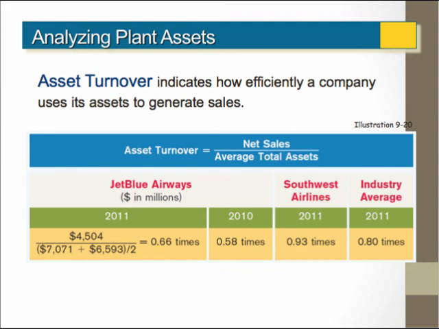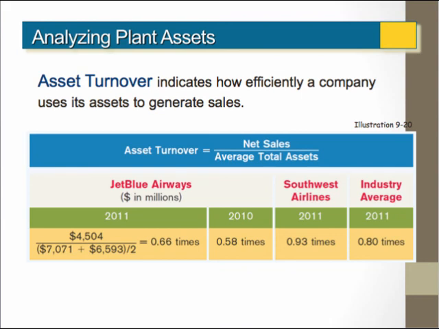It is how much we are selling for our assets. So once again, take the net sales divided by the beginning plus the ending assets divided by 2. We can see that JetBlue is 0.66 times, whereas Southwest is 0.93 times and the industry is 0.8 times.